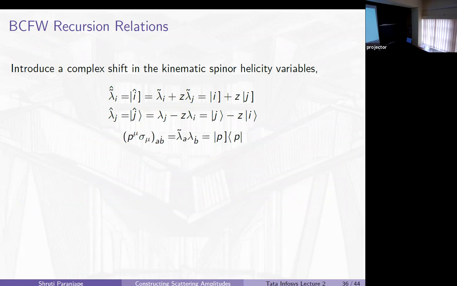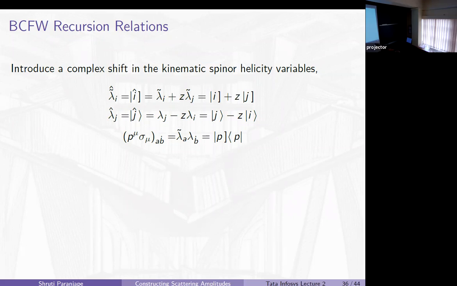You start by taking your external kinematic data, P, and shifting it by introducing some complex parameter Z. Lambda tilde is a square bracket, lambda is an angle bracket. This is just in 4 dimensions. I can split up my momenta in this way if it's massless. So I'm going to choose 2 legs, I and J, and introduce this parameter Z in the following way.